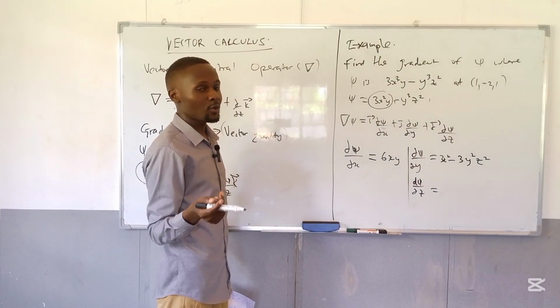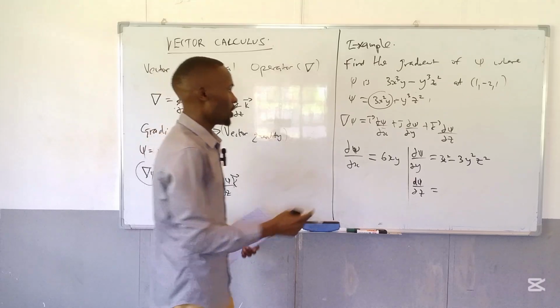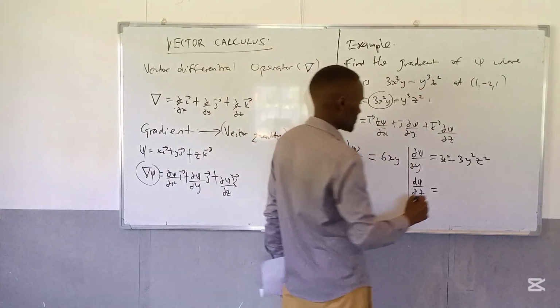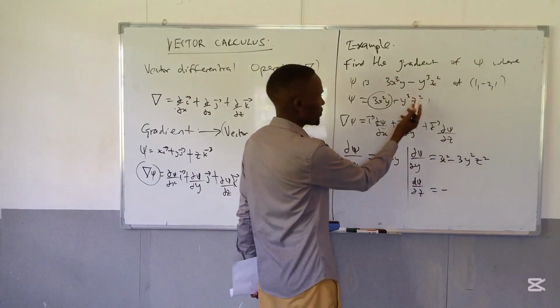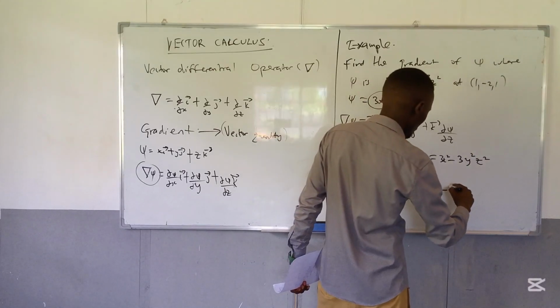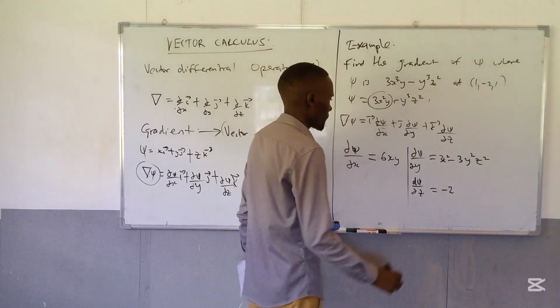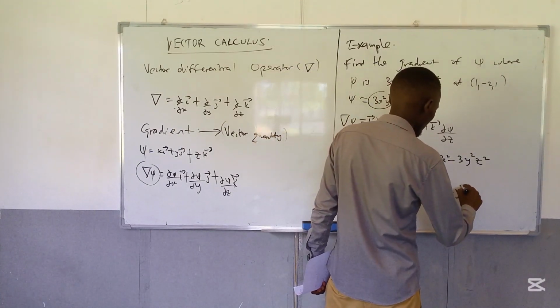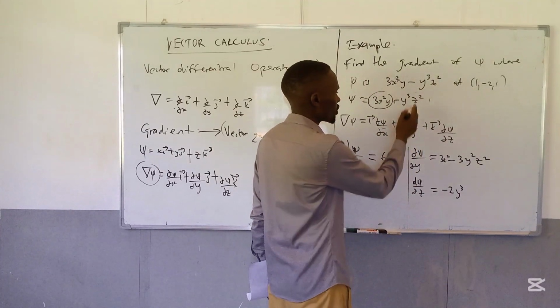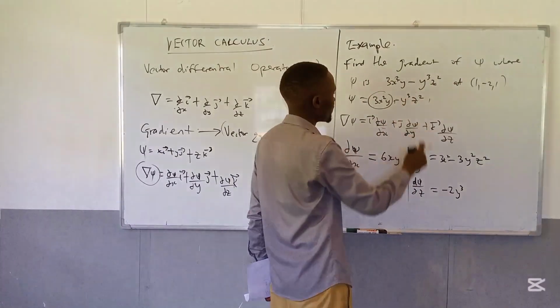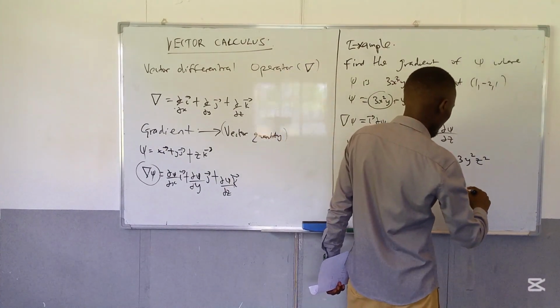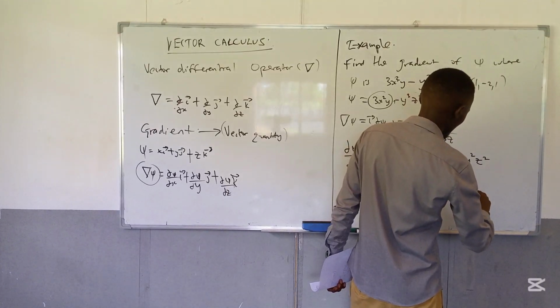The derivative of any constant is 0. Then for this other part, we shall have a negative. We drop the power, which is 2. We have y cubed. Then we subtract 1 from the power of z, whereby we remain with z.